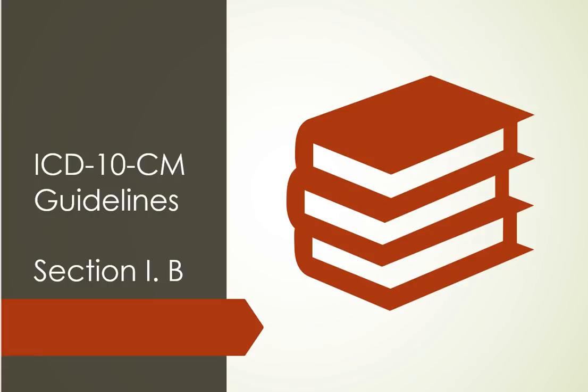As a reminder, as we discussed in section 1A, the guidelines are the basic concepts that coders must understand in order to assign our ICD-10 CM codes accurately and completely.